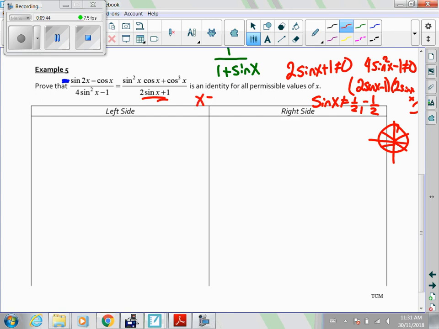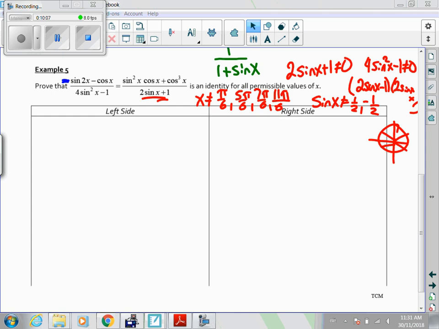So my NPVs is x cannot equal pi over 6, 5 pi over 6, 7 pi over 6, and 11 pi over 6. So there's lots of little NPVs there. And again, they're not our standard NPVs. If we wanted to general solution those, we would again just put plus 2 pi n in all cases.